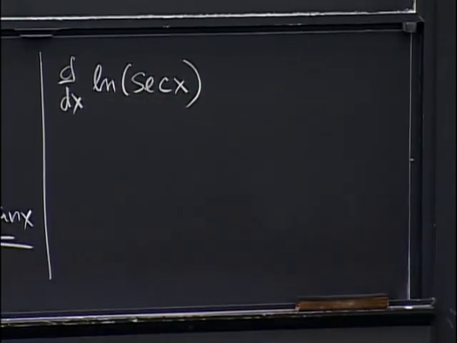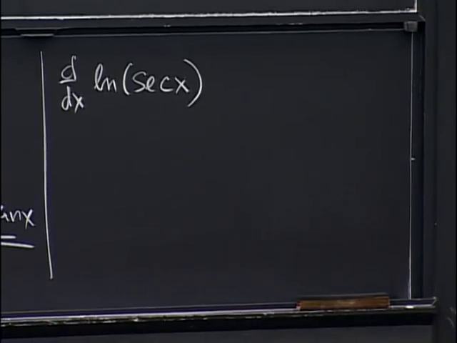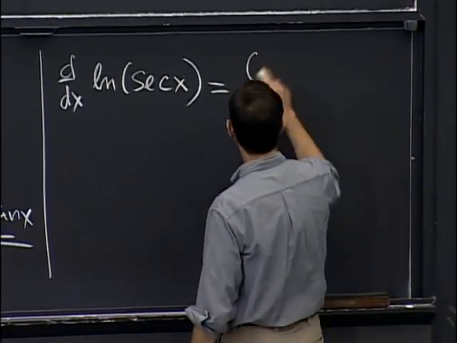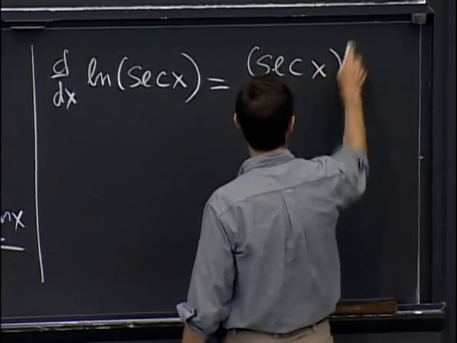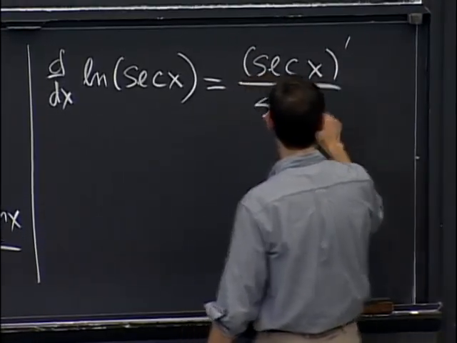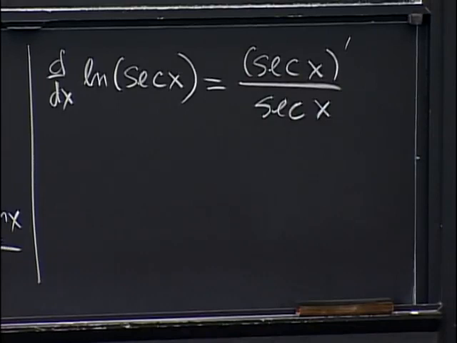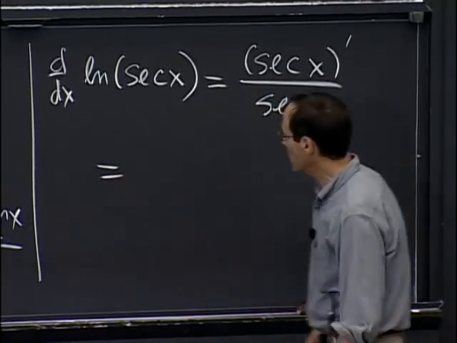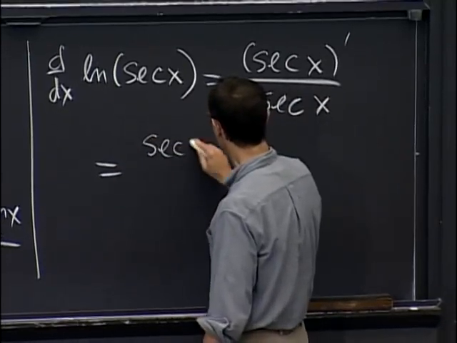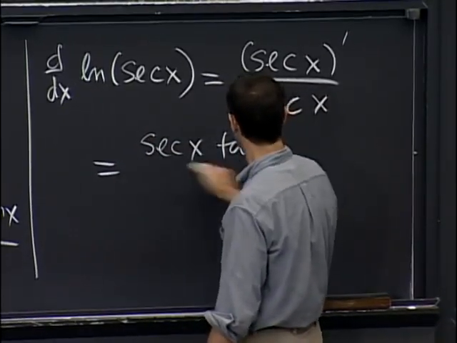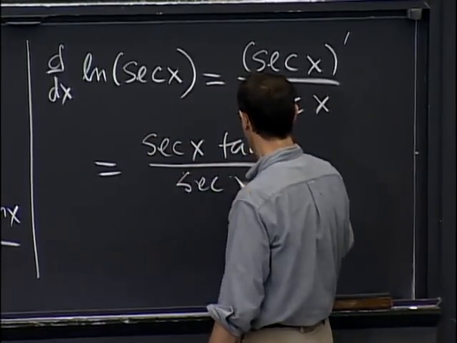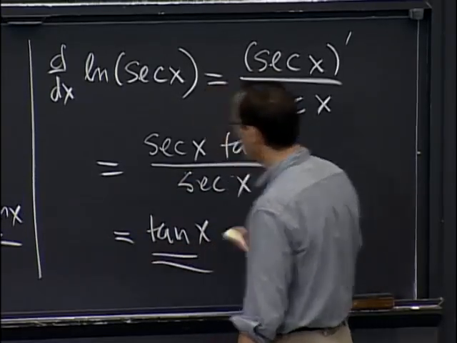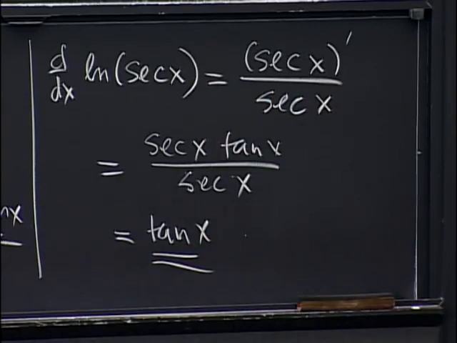If you differentiate the natural log, that's just going to be secant x prime divided by secant x. And plugging in the formula that we had before, that's secant x tan x divided by secant x, which is tan x. So this one also has a very nice form.